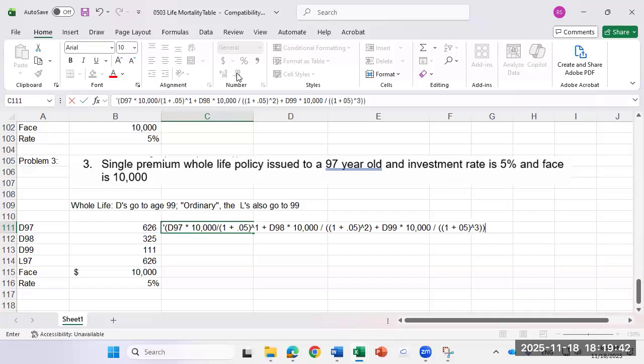There's our denominator. I'm a little bit sloppy on the parentheses. I'm not real picky on that, but be careful, try to make sure you got them lined up somewhat. And then all of that's going to be divided by L97.